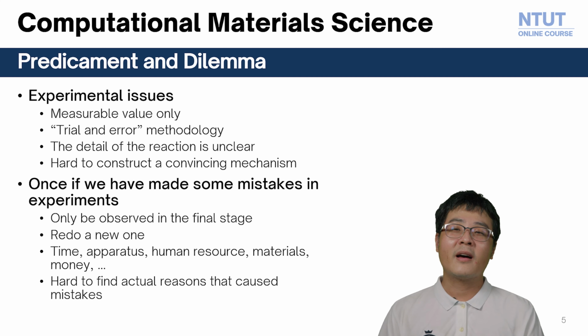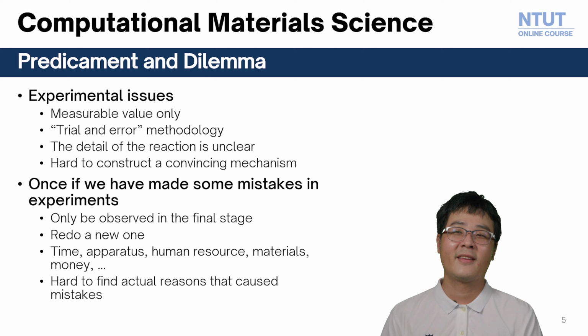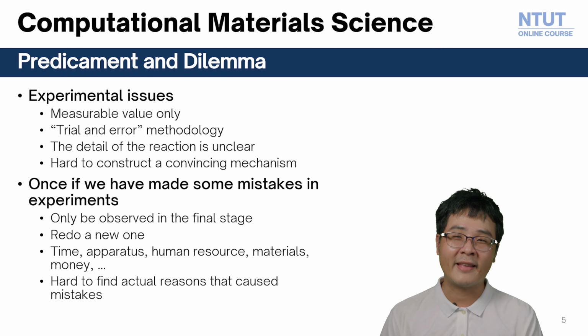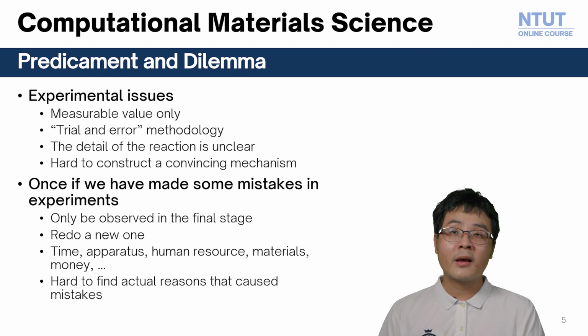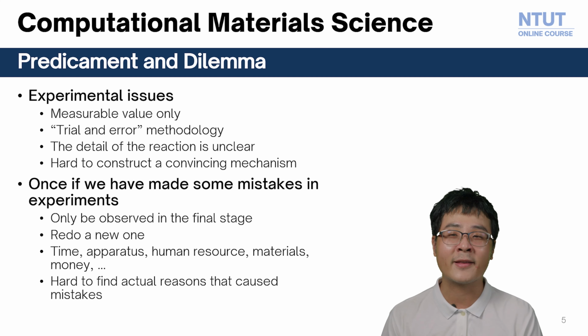If we just redo one, we still have a chance of making exactly the same mistake, and we still have to redo a new one. So if we examine material science from the experimental viewpoint only, we have to meet this kind of dilemma, and we have to find some method to solve it.